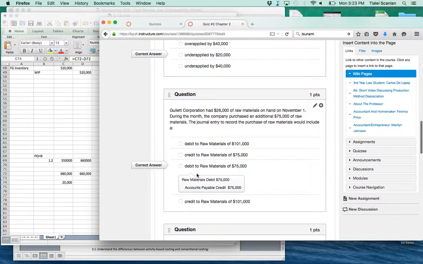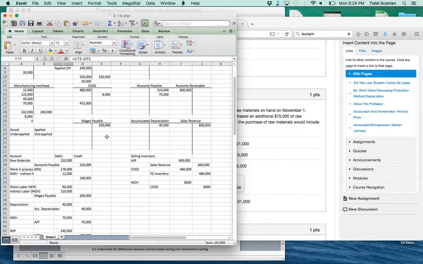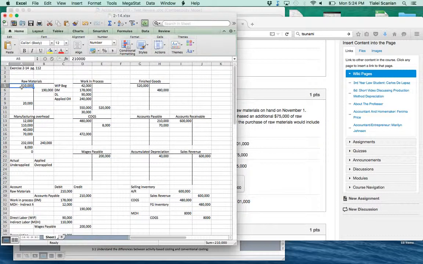Next question. Gillette Corporation has $26,000 of raw material on hand. During the month, the company purchased an additional $75,000 of raw materials. A journal entry. So they already have this balance of raw materials, right? That's their balance if you're only looking at raw materials.